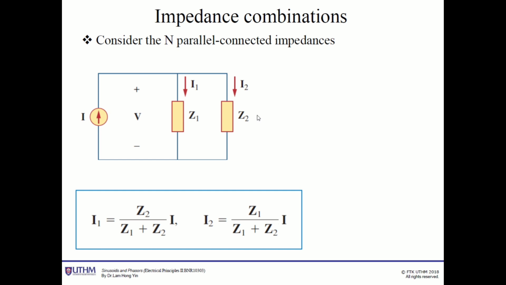So the Z's are crossed with each other. For I2, the upper value here is Z1, not Z2, different from the voltage divider.